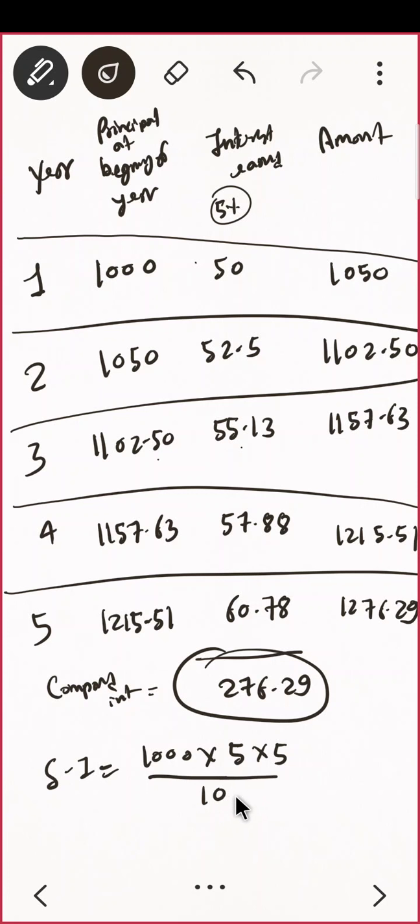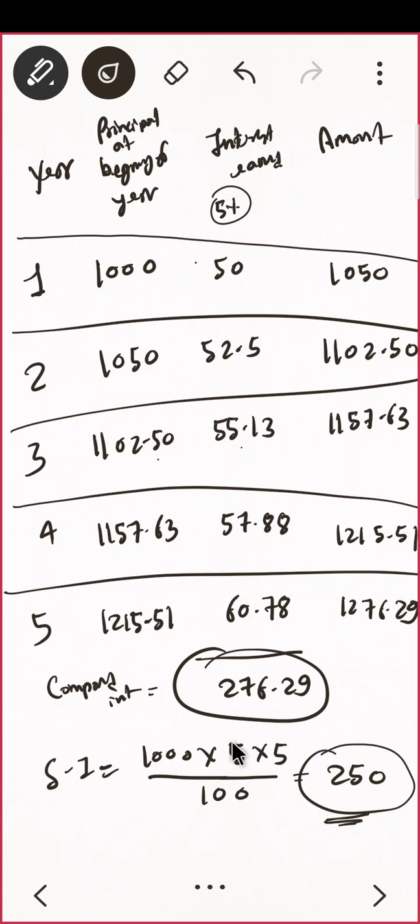Correct? So do you see what comes? It will be 250 rupees. So if he had taken a simple interest, you will be getting only 250 rupees. But if you are taking compound interest, then you are getting 276.29 rupees. So do you see that this is quite a nice amount whenever you are doing that.